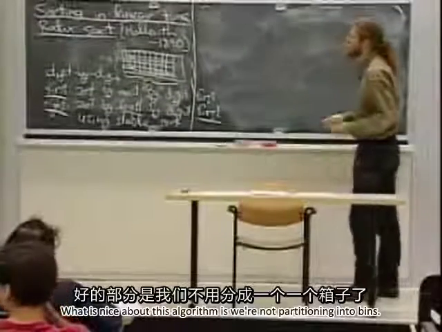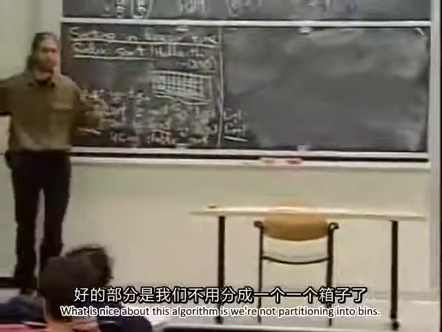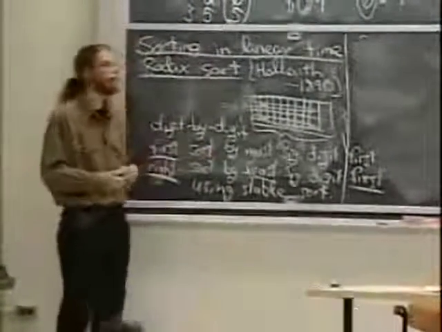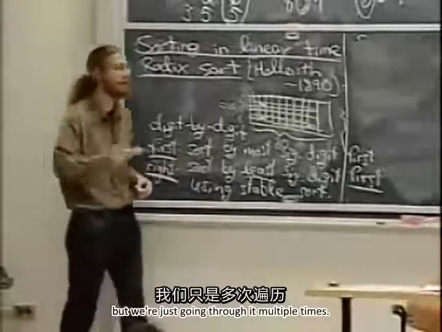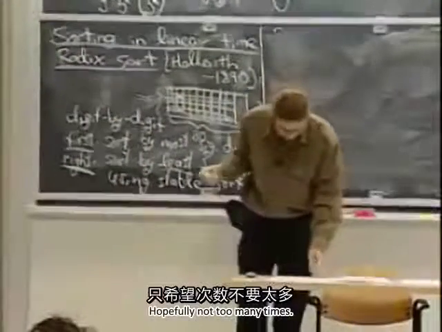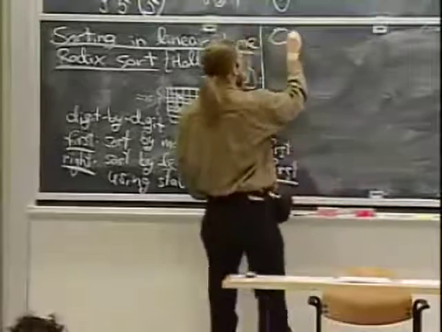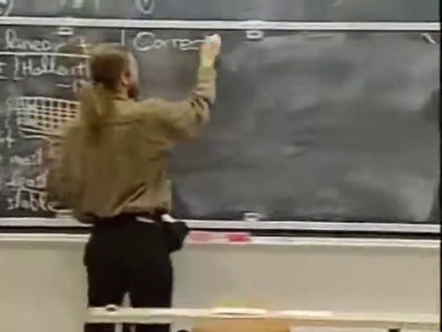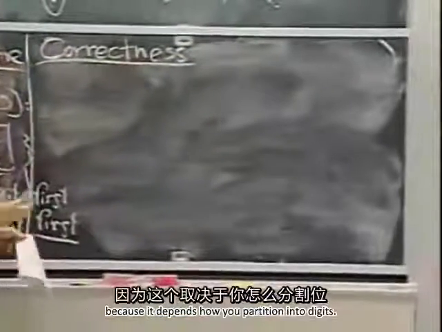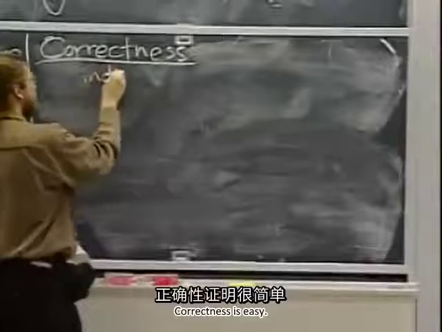So what this algorithm is doing, what's nice about it is we're not partitioning into bins. We always keep the huge batch of elements in one big pile, but we're just going through it multiple times. In general, we sort of need to go through it multiple times. Hopefully, not too many times. Okay, but let's first argue correctness. Then to analyze the running time is a little bit tricky here, because it depends how you partition into digits. Correctness is easy.